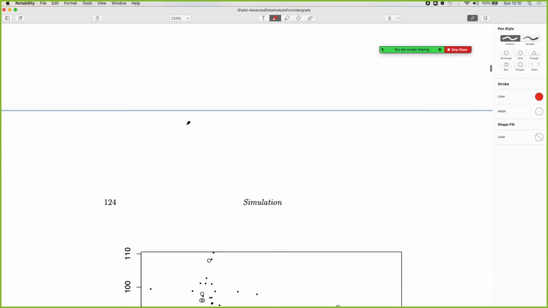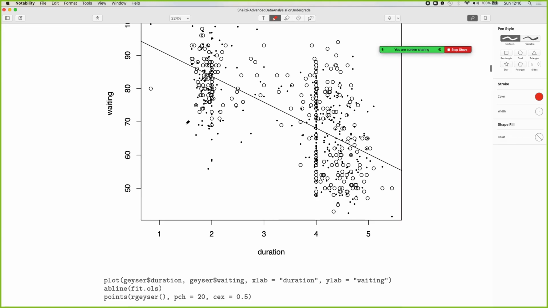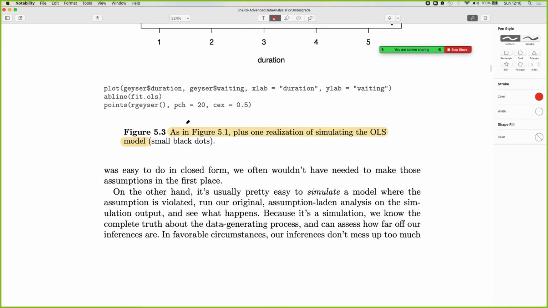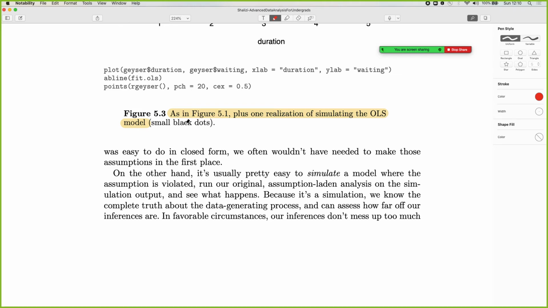And it's hard to do. It's not easy to violate your assumptions, then simulate the data, then check how well you actually did. Oh, okay, he says it's pretty easy to simulate a model where the assumption is violated. Interesting. I didn't think this was the case.